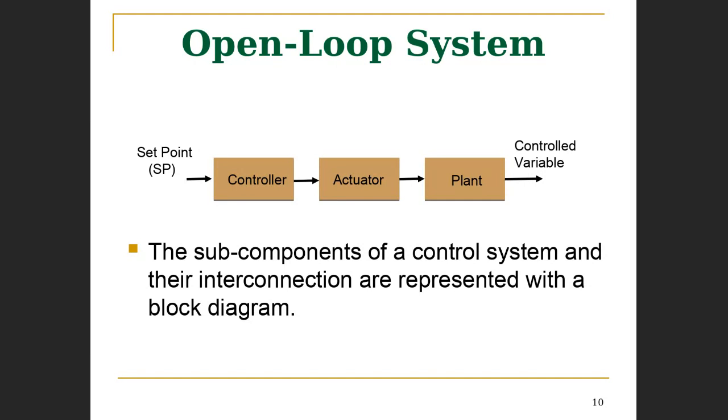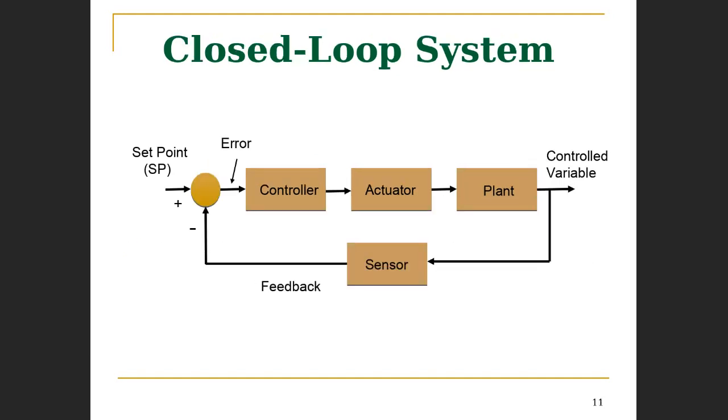Let's now look at what the closed loop system looks like. So here we're seeing the closed loop system, and there are some similarities in terms of the subcomponents. We have the controller, actuator, and the plant being common to both. However, the aspect that is different is the sensor, all right?